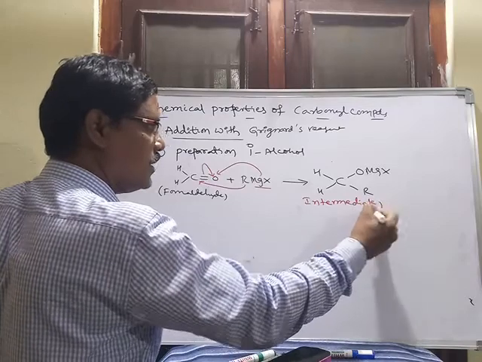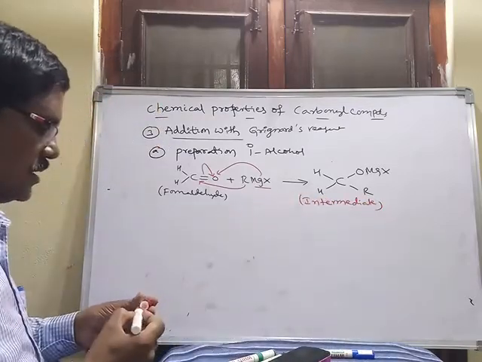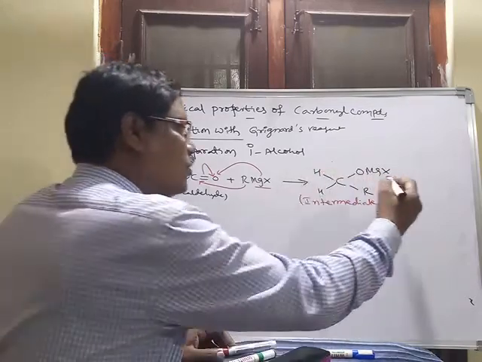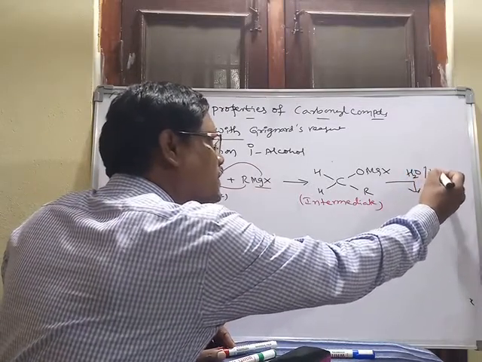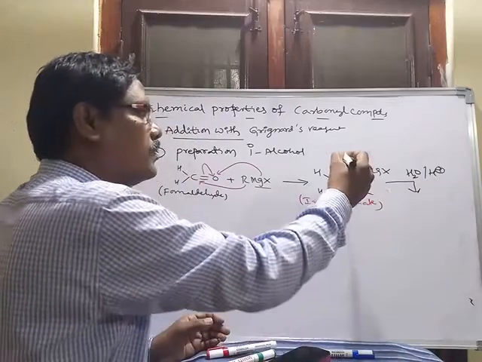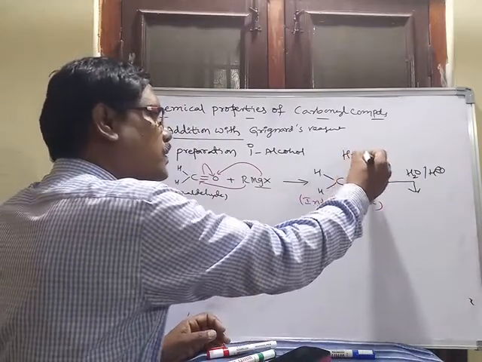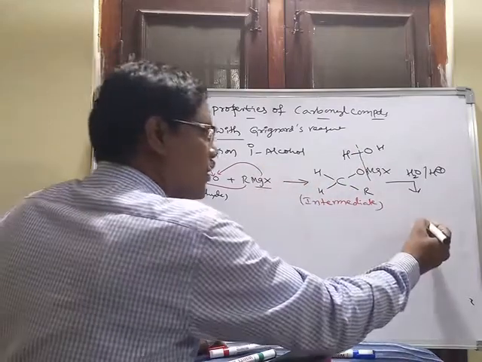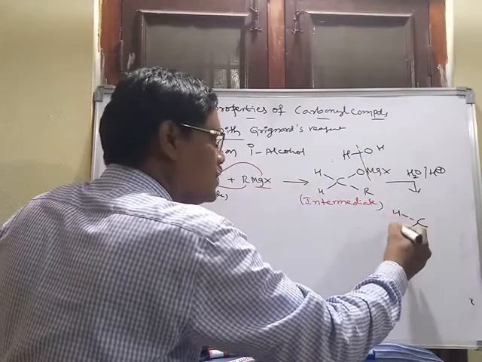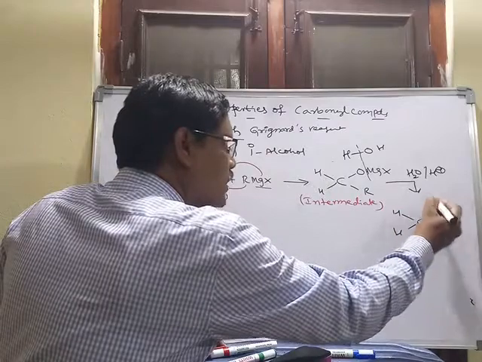This is the intermediate. This intermediate now undergoes hydrolysis, with H2O, H plus. So this is the HOH. From here the bond will be broken. The product is this one, H and OH only.